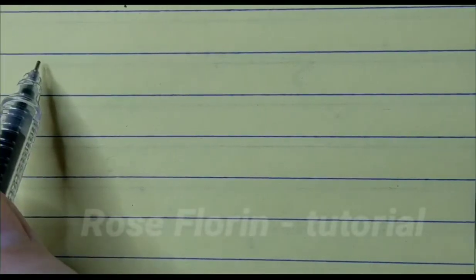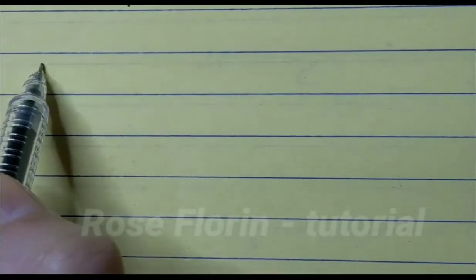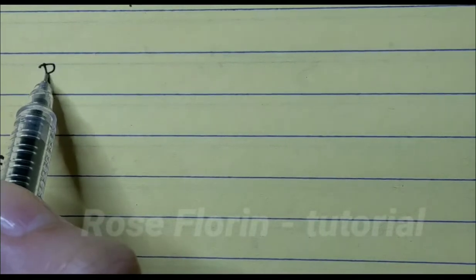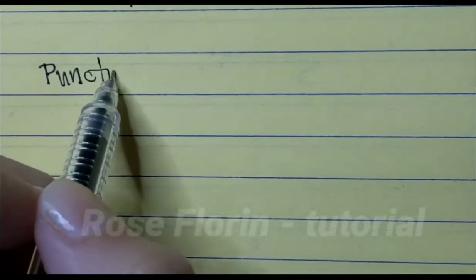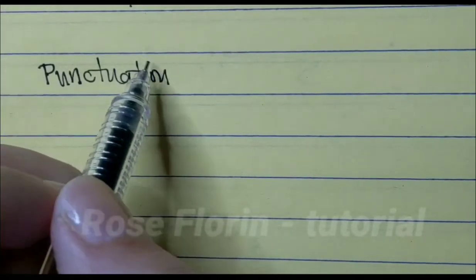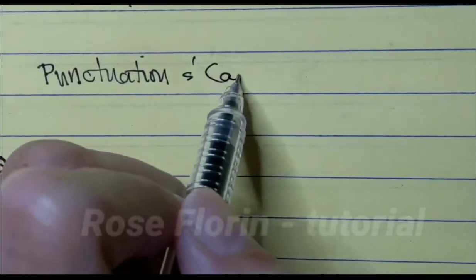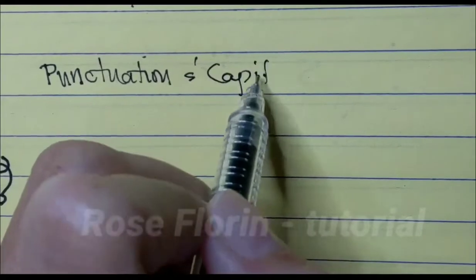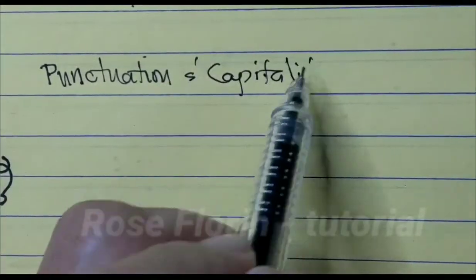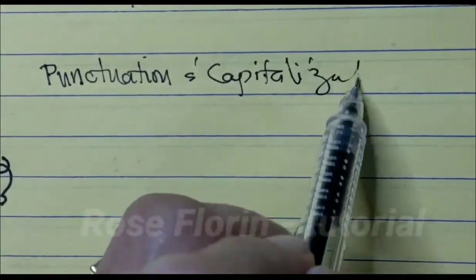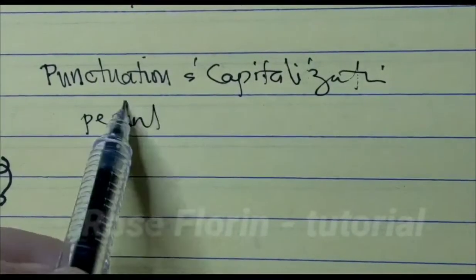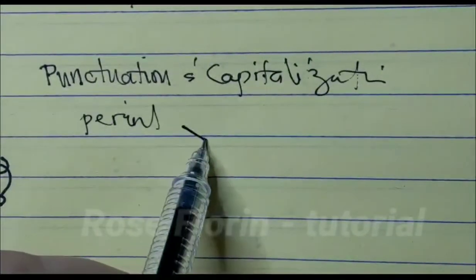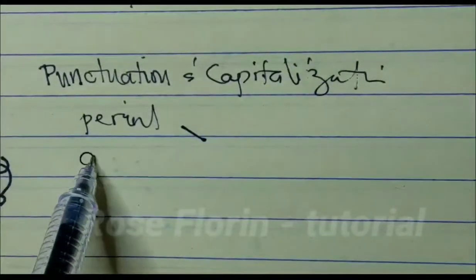Next is the punctuation and then the capitalization. So, please memorize this. Punctuation and then the capitalization. Okay. Period. This one or like this. Question mark.